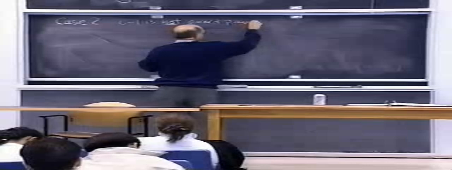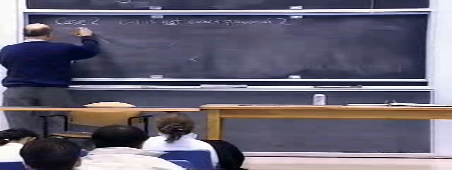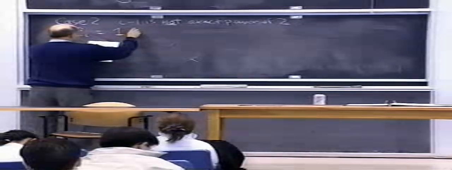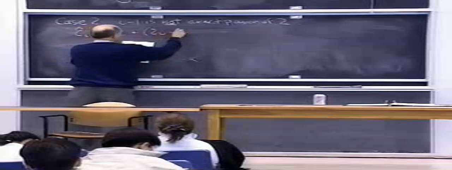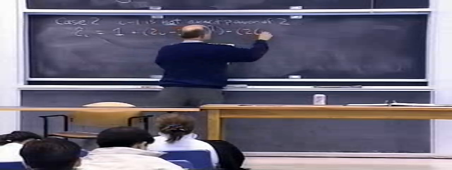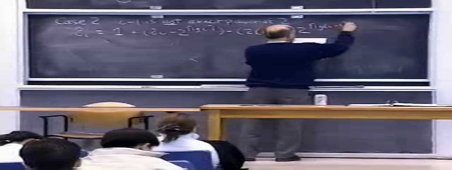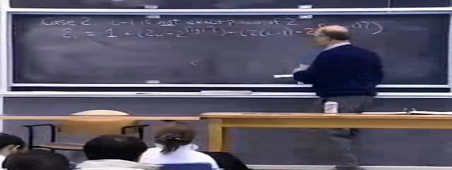Okay, so case 2, I minus 1 is not an exact power of 2. So C sub I hat, once again, is equal to, just copying from the other board, okay, it's this mess.